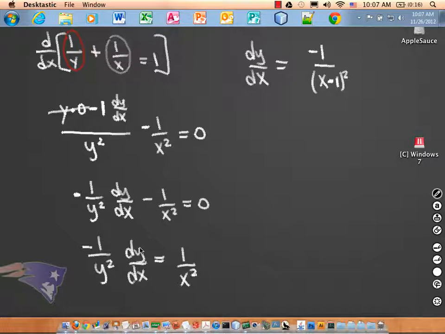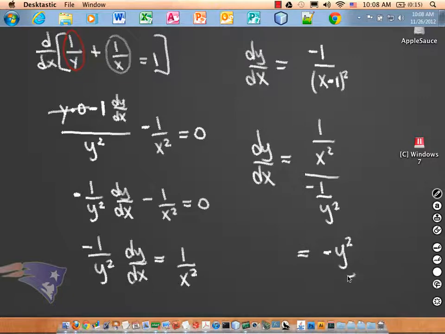Now I have to divide both sides by negative 1 over y squared, or multiply by the reciprocal, either way. So dy/dx equals 1 over x squared over negative 1 over y squared, which simplifies into negative y squared over x squared. Is that what you got?